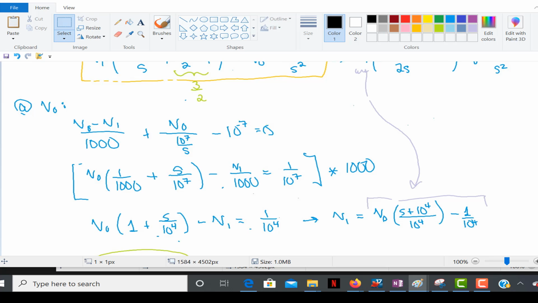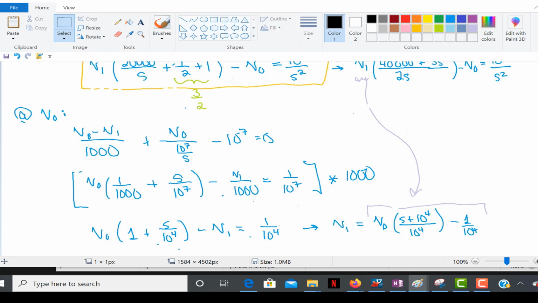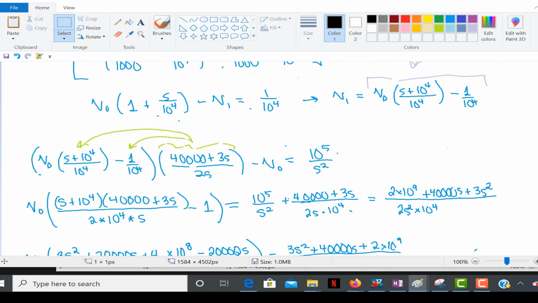And again, I did a bunch of algebra to simplify it. So I solved for V1, so I got this expression in terms of V naught. Substituted it back in for that V1. Did a bunch of algebra.